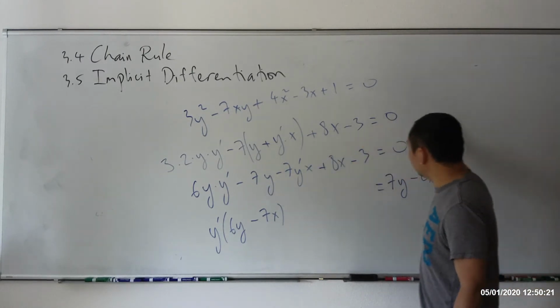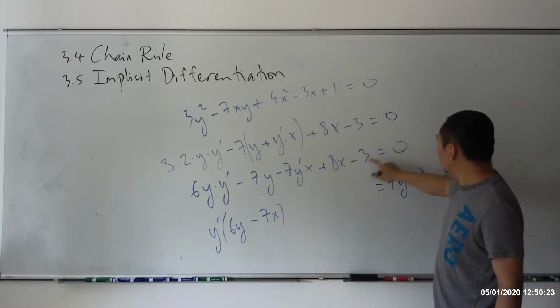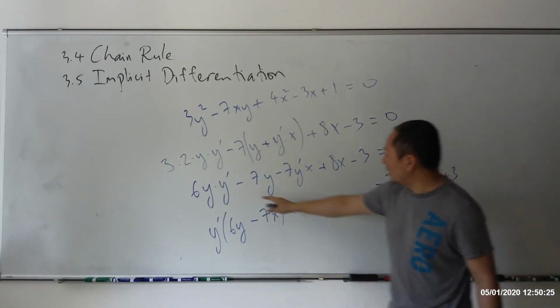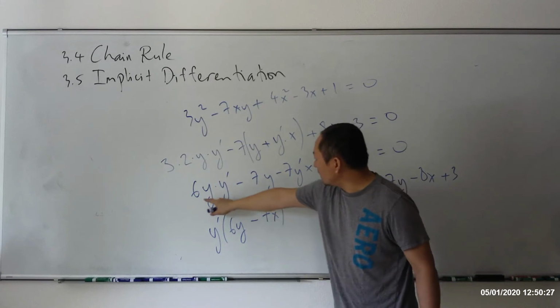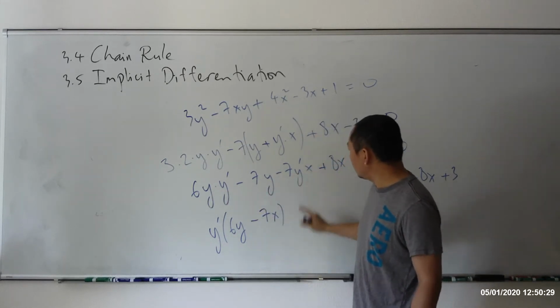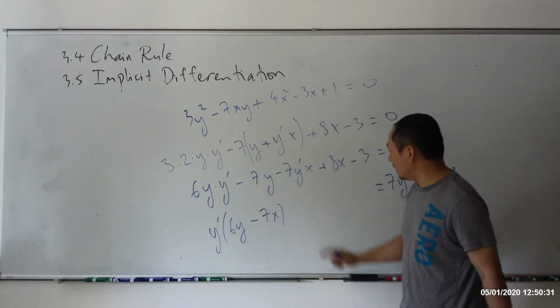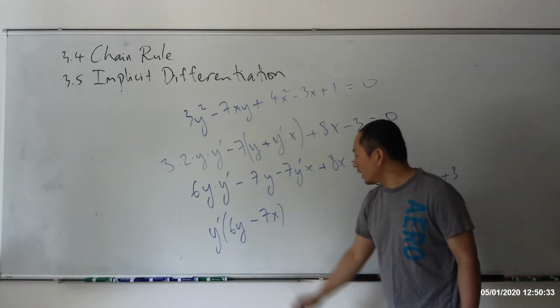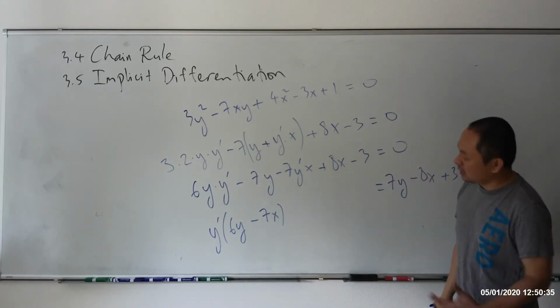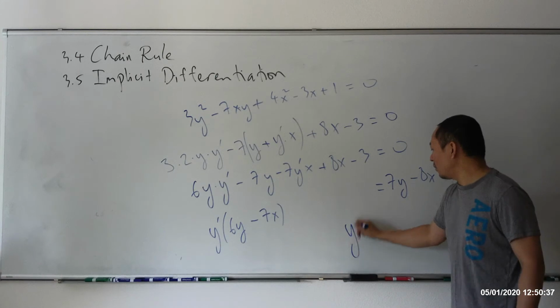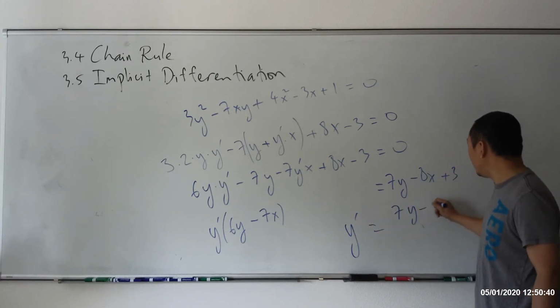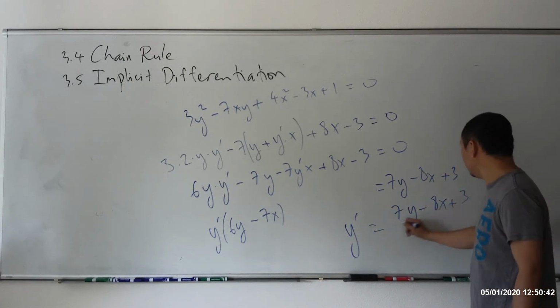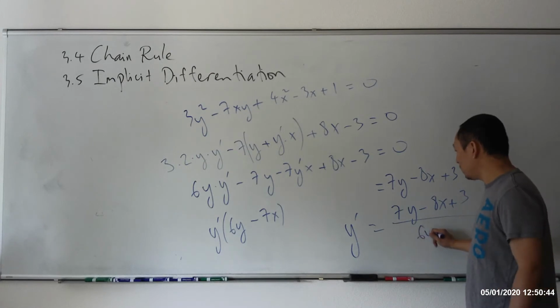Bring that 7y to the right, subtract 8x, and then plus 3. Now all I have to do is divide both sides by 6y minus 7x. So y prime is 7y minus 8x plus 3 all over 6y minus 7x.